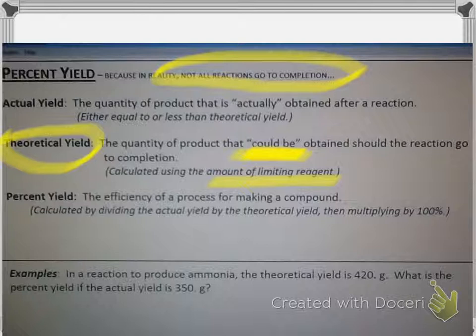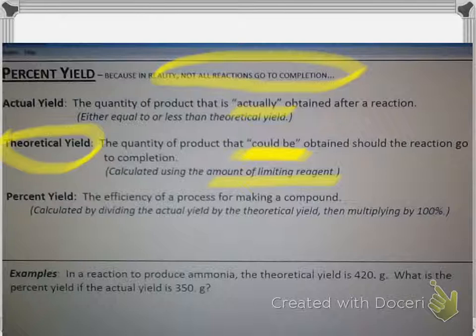So how much product you actually make versus how much on paper you should make are never going to be the same. If your theoretical yield on paper was 50 grams, your actual yield is going to be a little bit lower than that. It's either equal to, but not usually, or a little bit less than the theoretical yield.